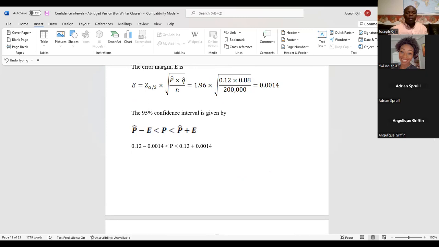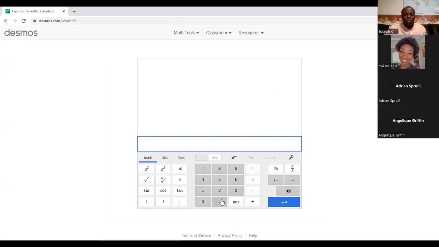That will give us the confidence interval we're looking for. Going to our calculator, 0.12 minus 0.0014 gives us 0.1186.